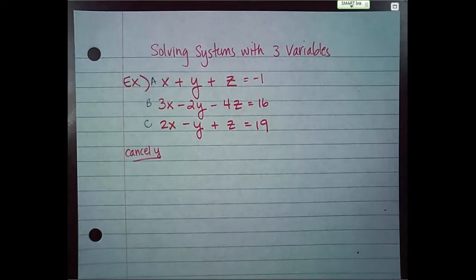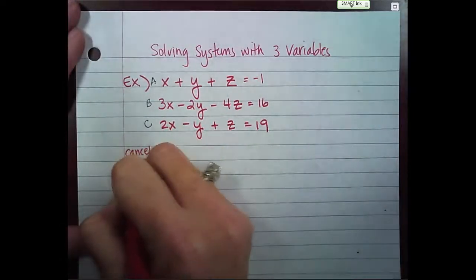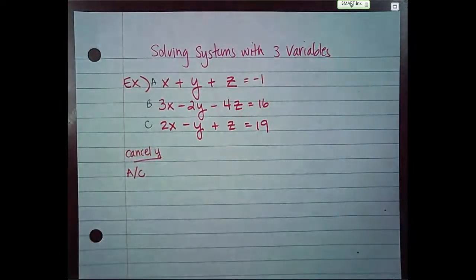Right? So now we've already made a decision. We're canceling Y's. Which 2 equations did I say we should use? A and what? C. A and C. It's not the only way. It's just what we went with, okay? So write that down. We're choosing A and C. Have to write it down. Another non-negotiable. So those first 2 things have to be on your paper.